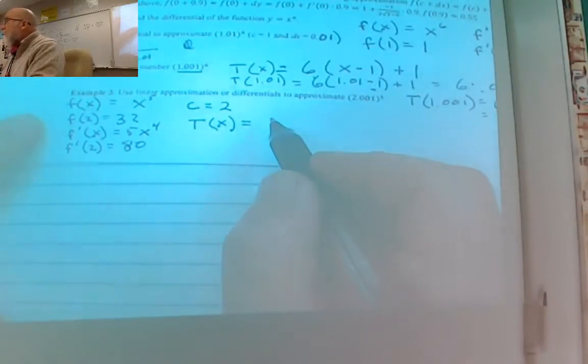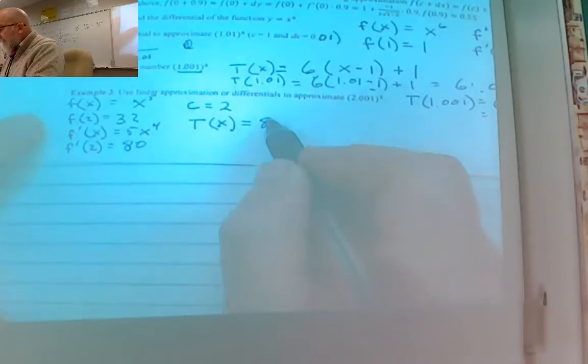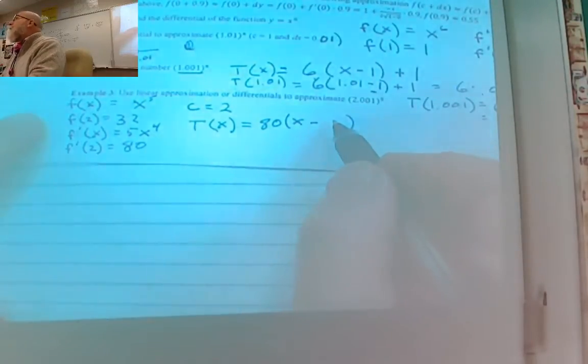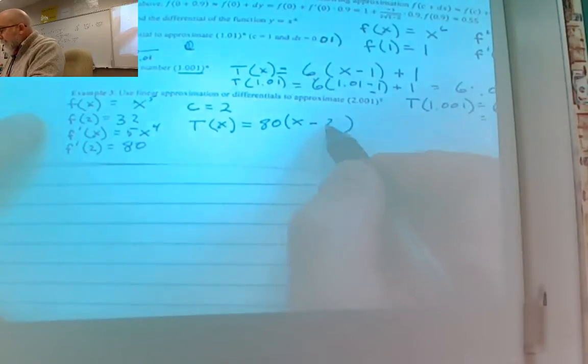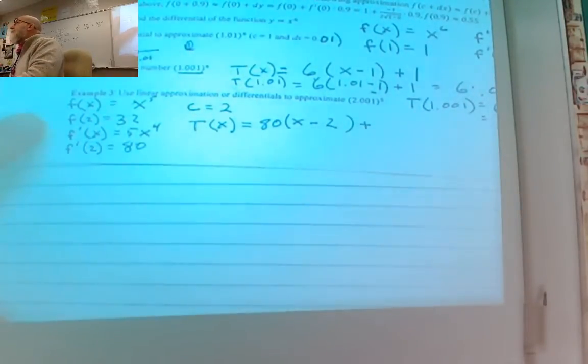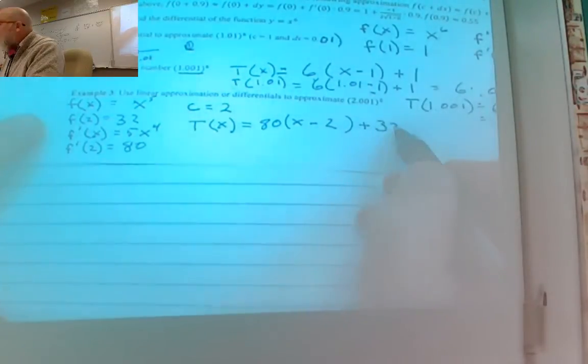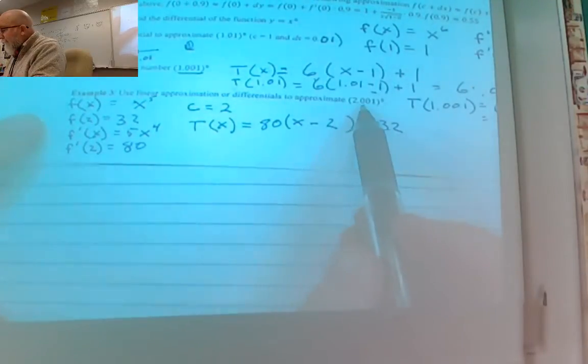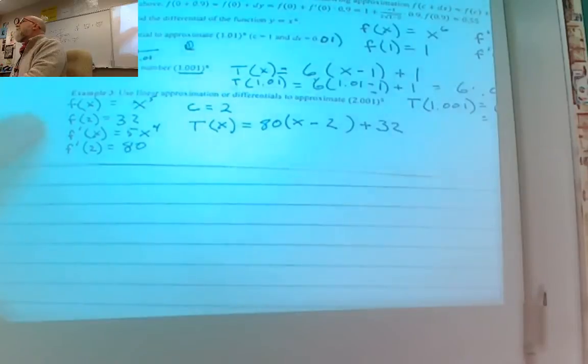My slope is first. 80 times what's my c? 2, plus what? 32. Okay, now I'm going to plug 2.001 in there and subtract 2, correct? Can you do that in your head?